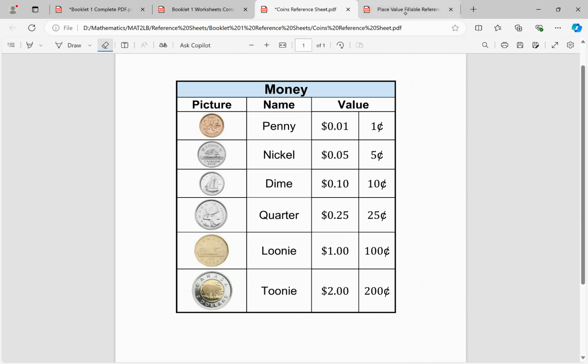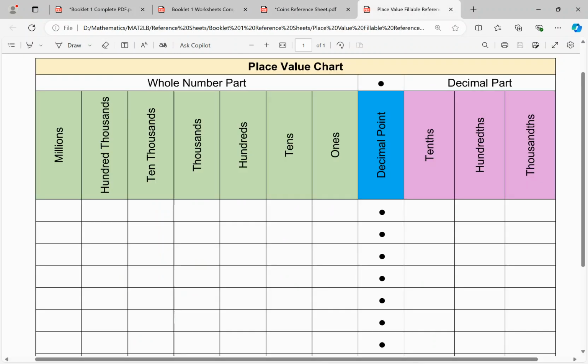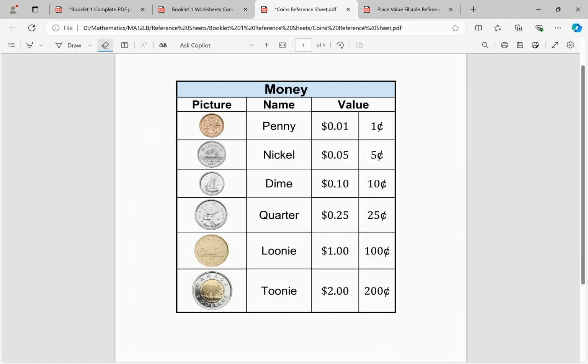And I will also be using a little bit of our place value chart. So if you need to, take a second now and pull the place value chart as seen on the screen, as well as the coin reference sheet from the back of your binder, and have them next to you.